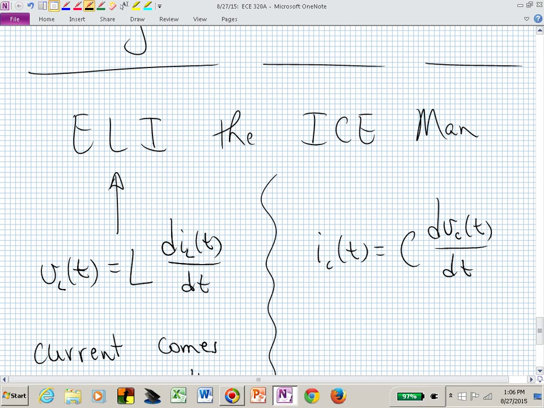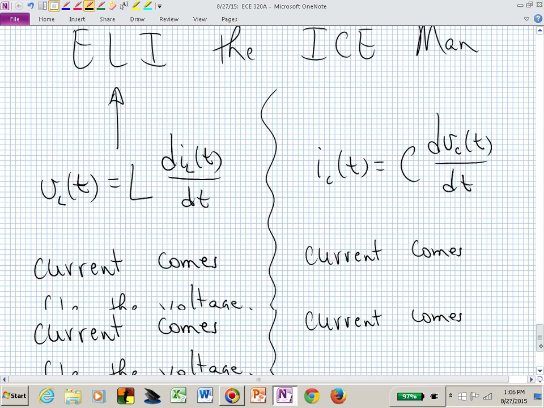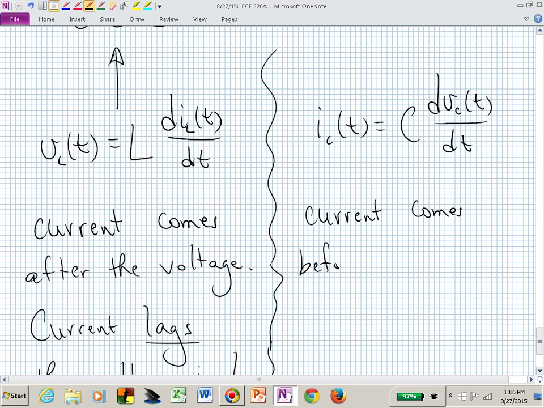What about ice? Now the current and voltage have switched places, haven't they, effectively? And now the current comes before the voltage.